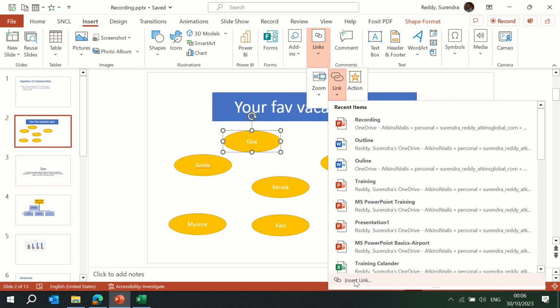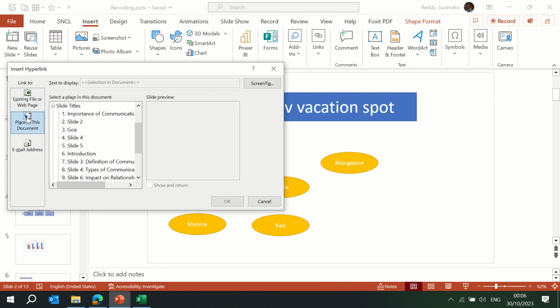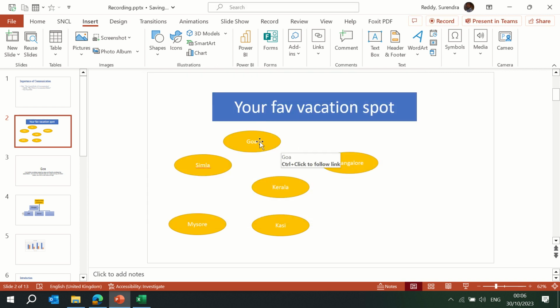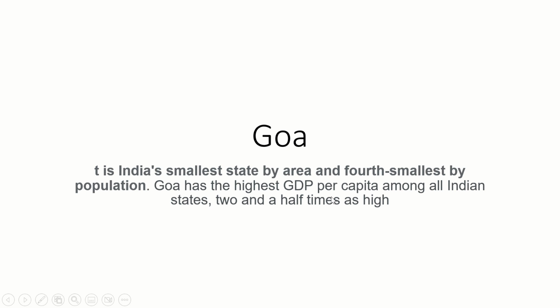Now I'll say insert links. So that is within the document, place in this document only. There is another slide called Goa, right? I will select it as Goa. So now whenever I click, it should take me to the Goa slide. Let us see how it works. Go here. There is a link that has been activated, right? If I click on it, that is taking me to the Goa slide.